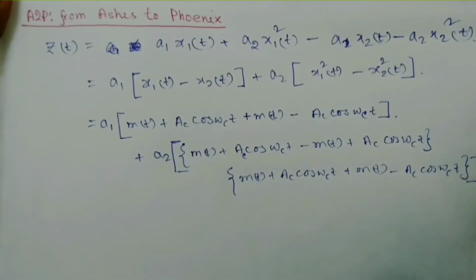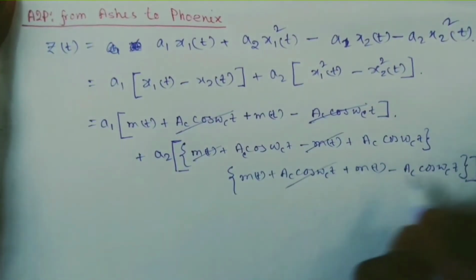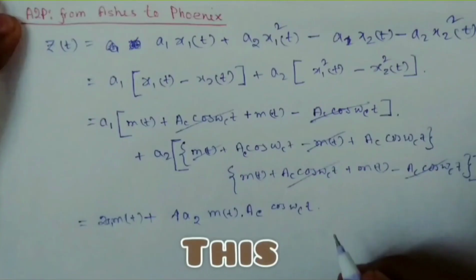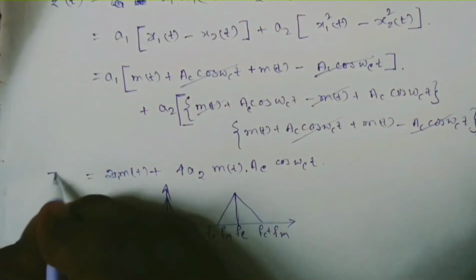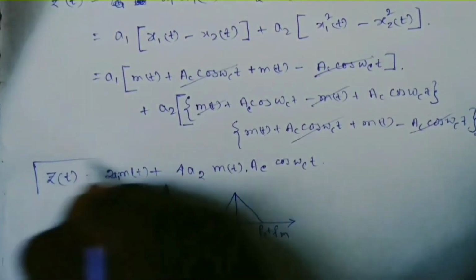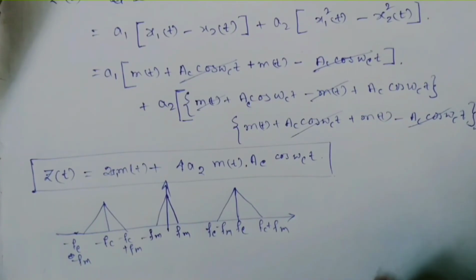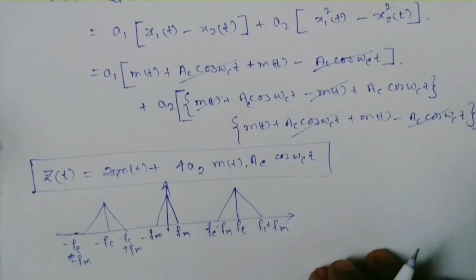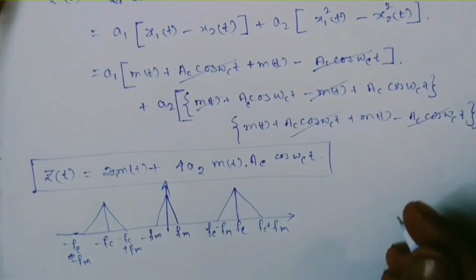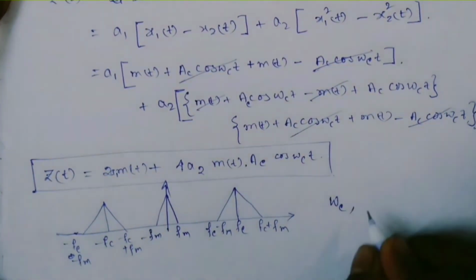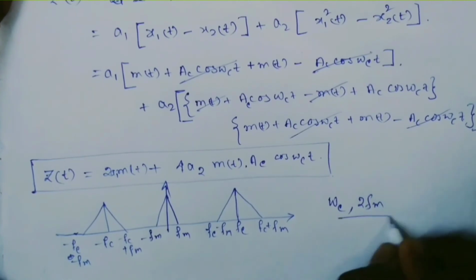So we are getting this. So eventually we are getting the spectrum of this output z(t) as this. Now this z(t) is passed through a bandpass filter of characteristic frequency omega c and bandwidth of 2 fm.